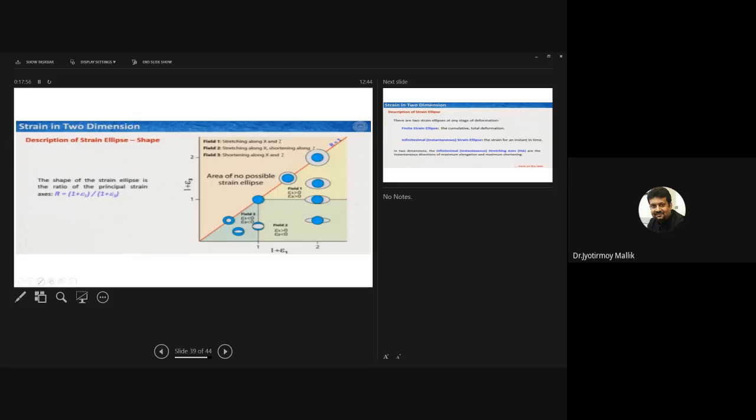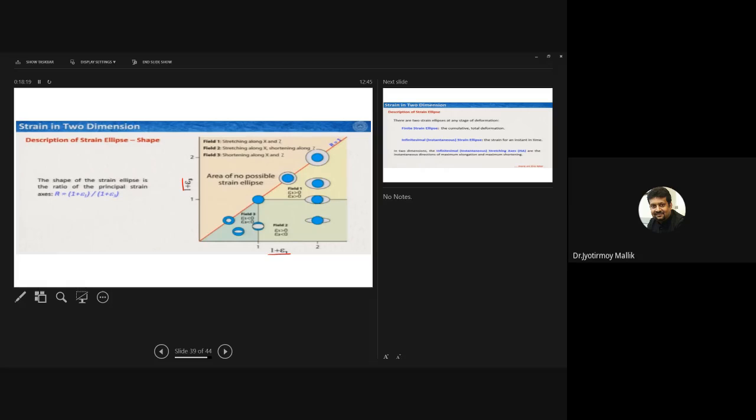On the x-axis, I am plotting 1 plus epsilon 1, and on the y-axis, I'm plotting 1 plus epsilon 3. What does that mean? On the x-axis, I'm plotting the length of the major axis, and on the y-axis, the length of the minor axis.